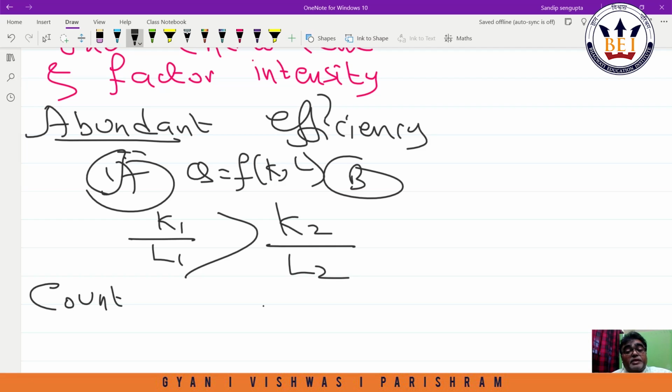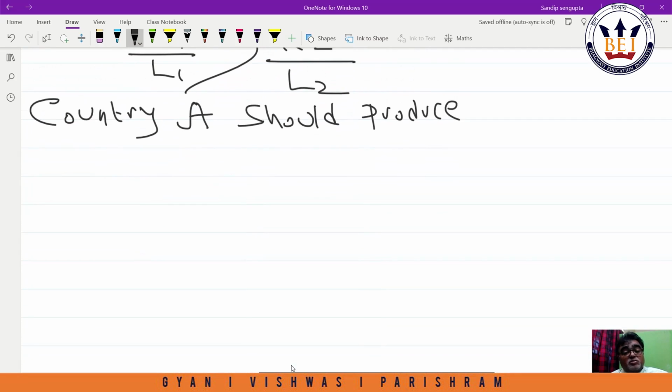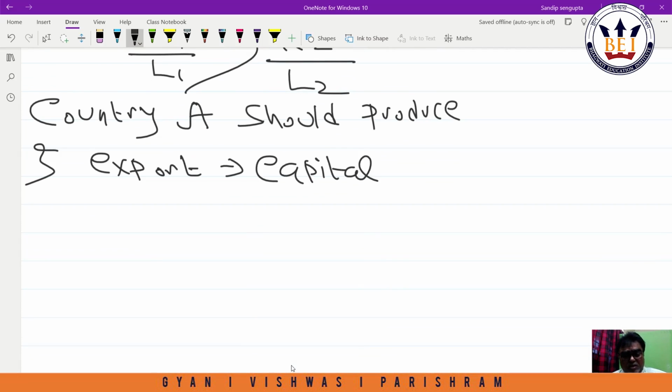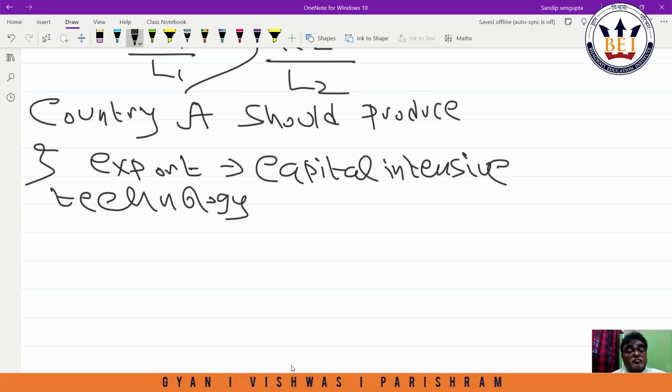Obviously country A should produce and export capital intensive technology related goods, because K1/L1 is greater than K2/L2.